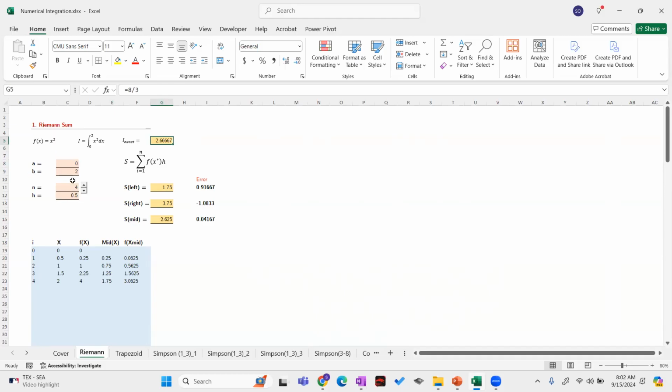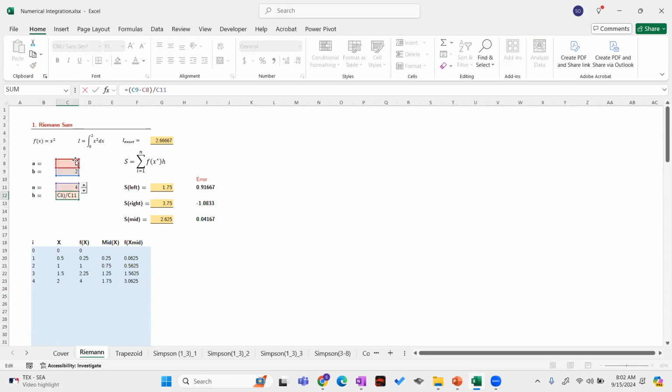First, we identify our parameters. The lower limit a is 0. Upper limit b is 2. Number of steps is up to me. I can change that. Right now, I've taken it as 4, but I can change it. Tied to this number of steps is the width of the subinterval. It's equally spaced. H is equal to b minus a by n, right?